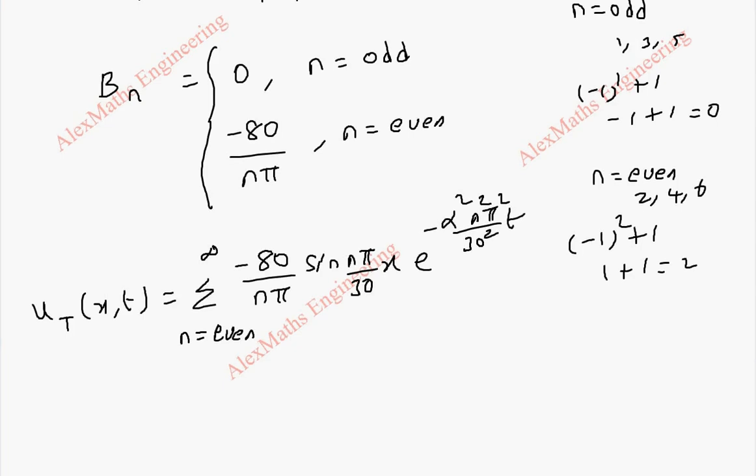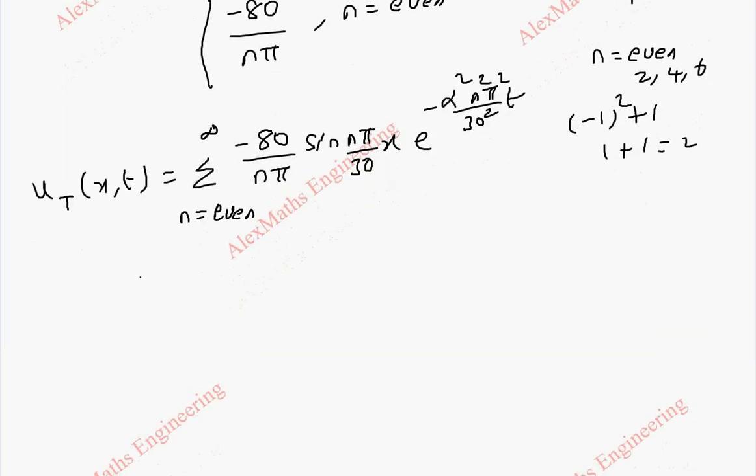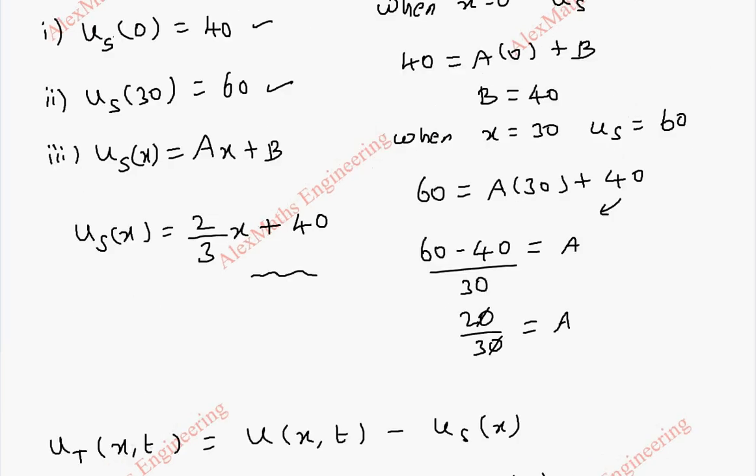So finally our solution u of x comma t is made up of two parts, that is u of x comma t is u s of x plus u t of x comma t, and u s of x already we got, which is here, that is 2x by 3 plus 40.